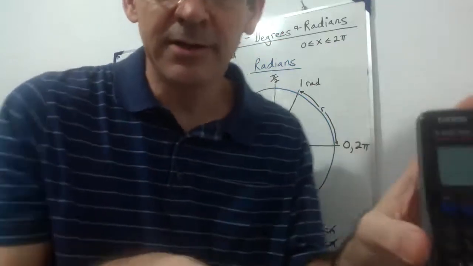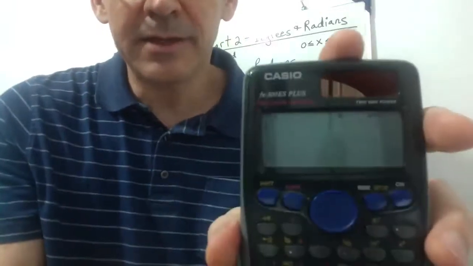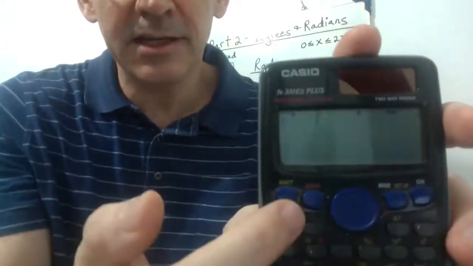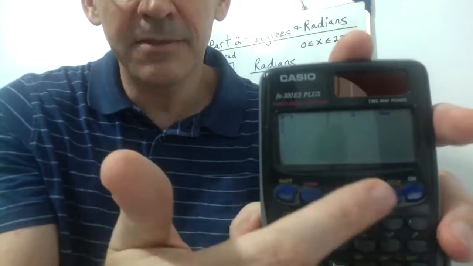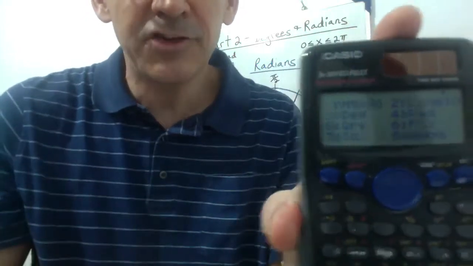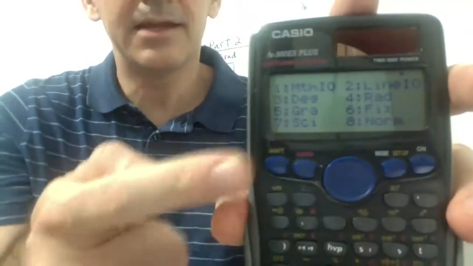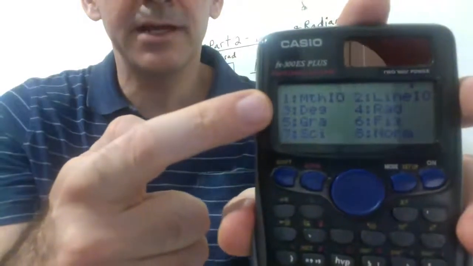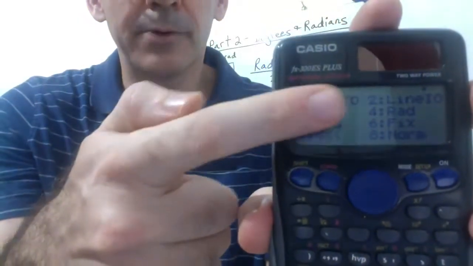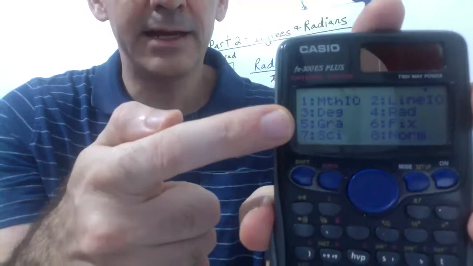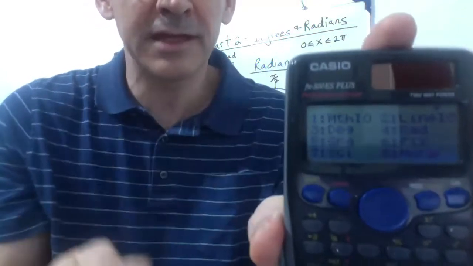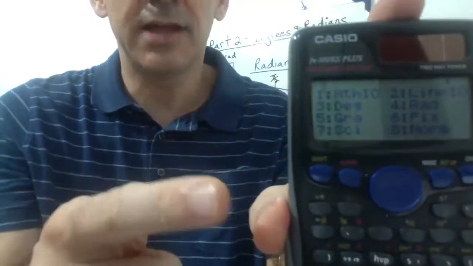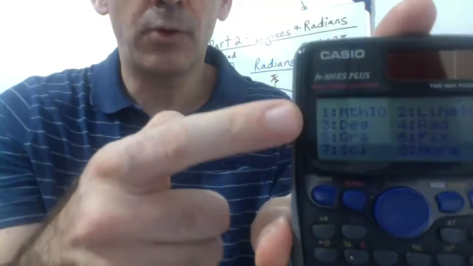Now in this calculator, it doesn't do it that way. Instead, we need to hit the shift button and then the mode button, and you see it gives you this list. In the list, you can see number 3 degrees, number 4 radians, number 5 gradians. So you don't have to worry about the other things in the list. You just select the number that you want. So if I want degrees, I select number 3.